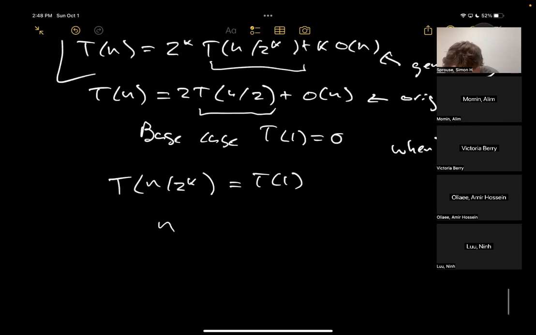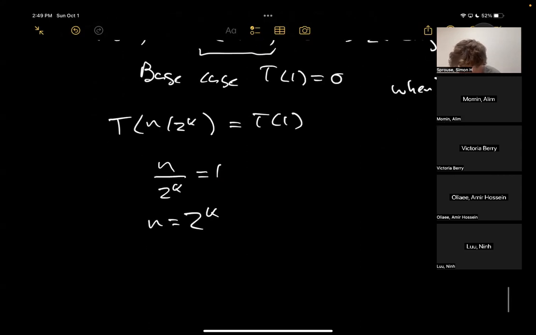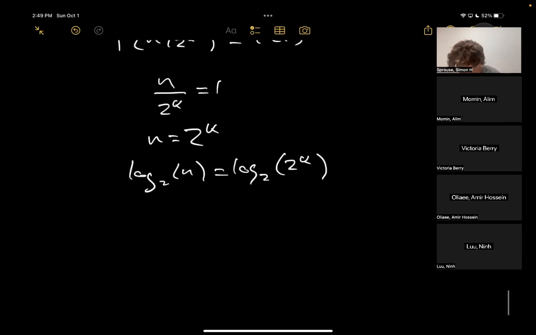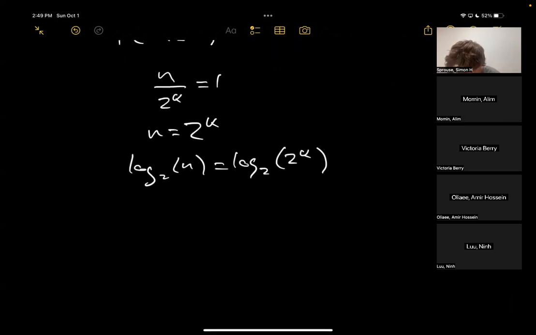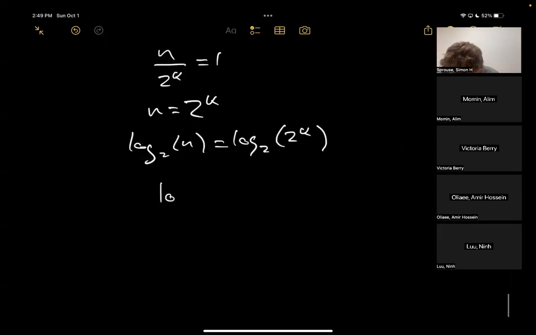So when is n over 2 to the k equal to 1? Well, that's when n is equal to 2 to the power of k. And then you can take the log of both sides. Again, sorry if I'm speeding through this. And then by property of log, you know that log of something raised to the same power is just that thing.